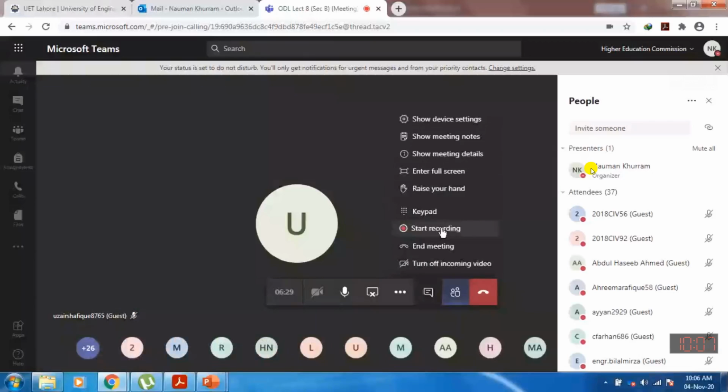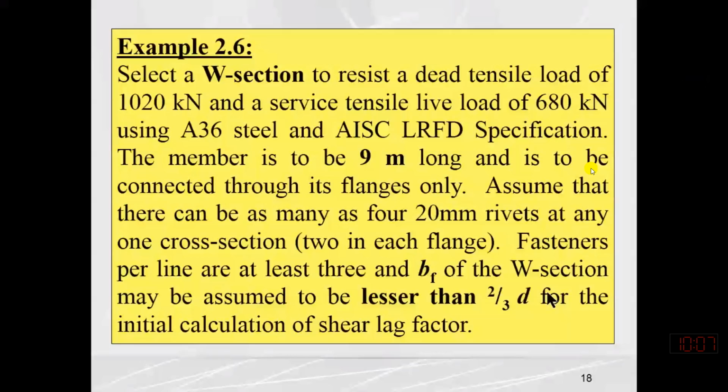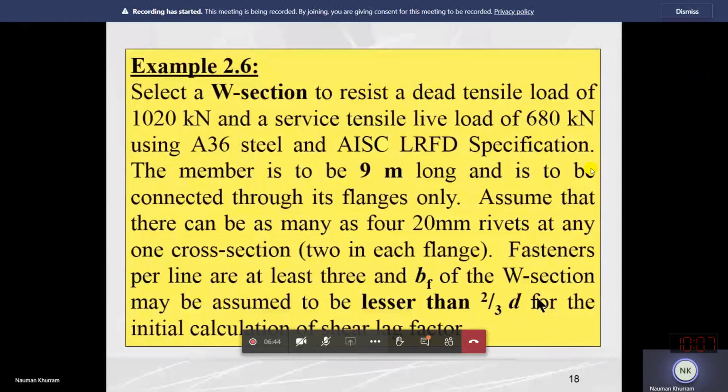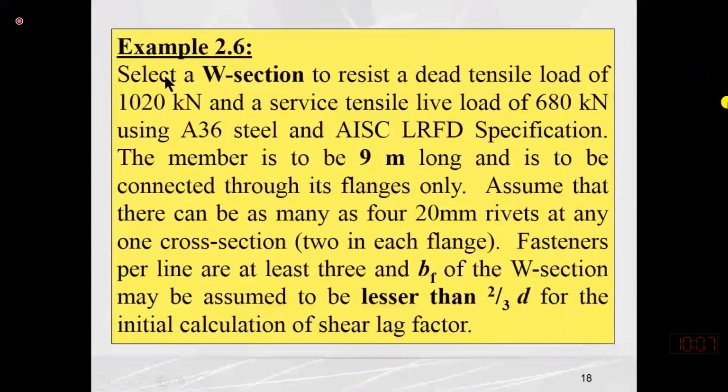Okay, Bismillahirrahmanirrahim. Dear students, inshallah, today we will solve an example related to the design of a tension member. First of all, we have to understand the data provided here. We need to select a W section. A W section means a wide flange section, designated as W. It doesn't say to select an I section.